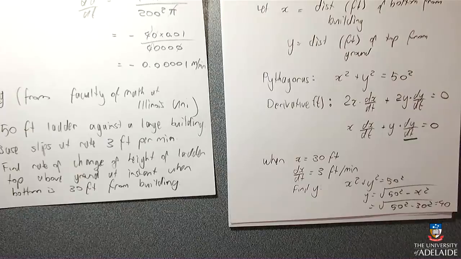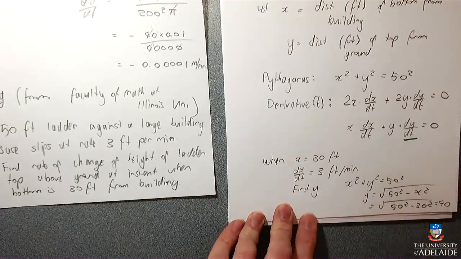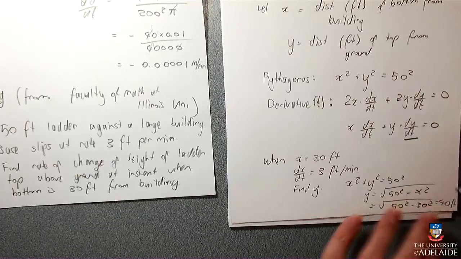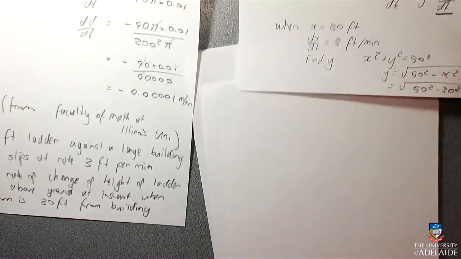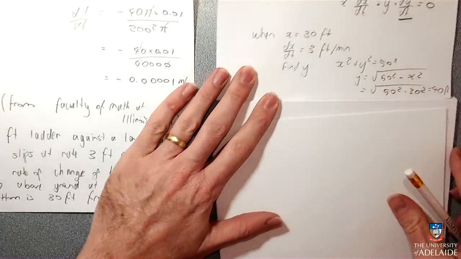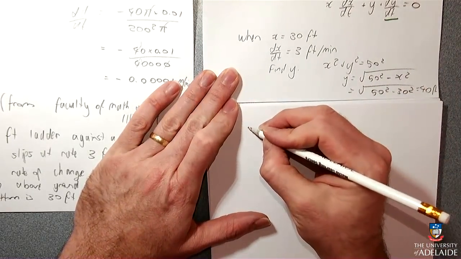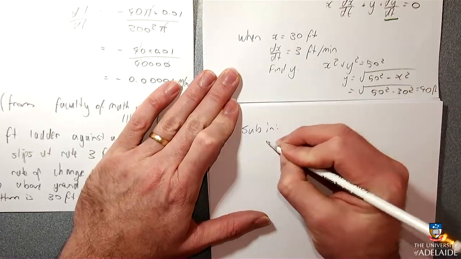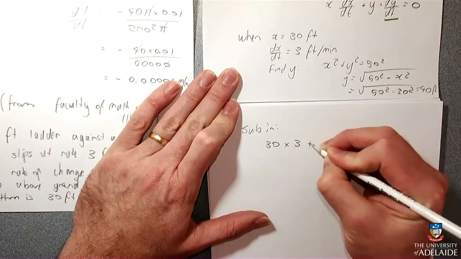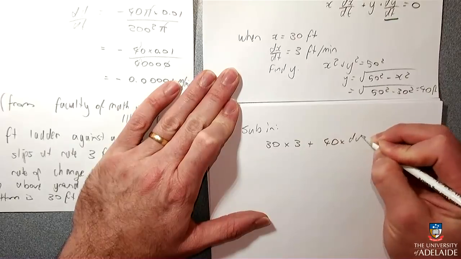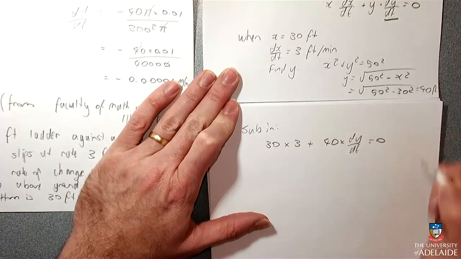Because it's a 3, 4, 5 triangle. And so now we can sub in 30 times 3 plus 40 times dy on dt is 0.